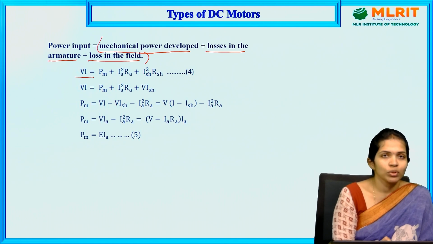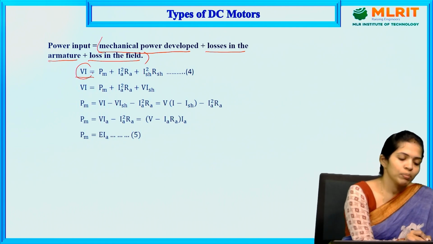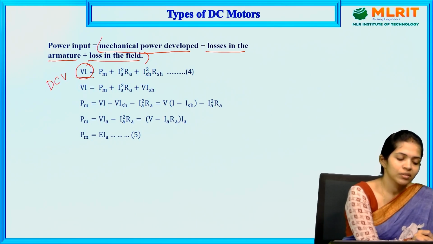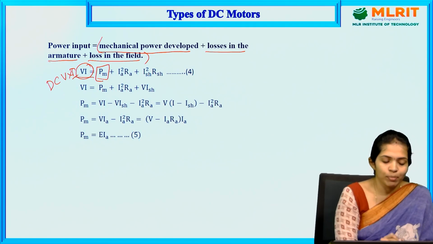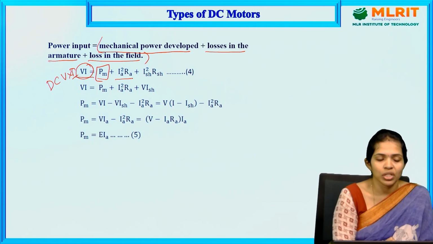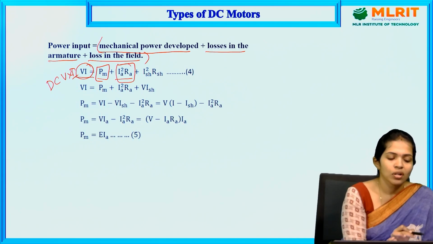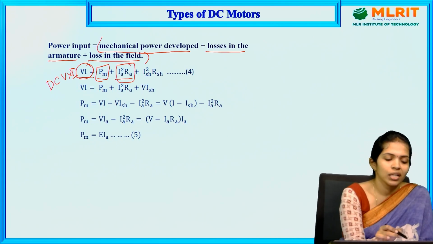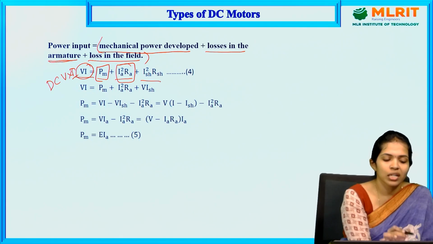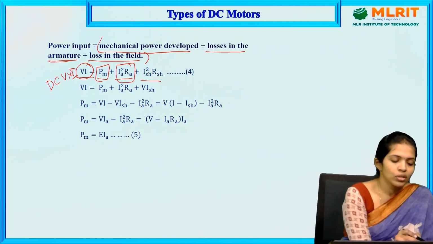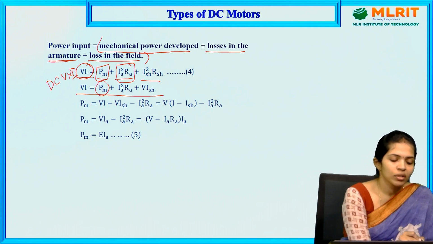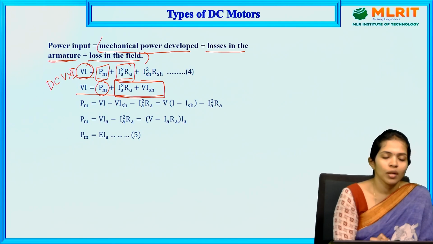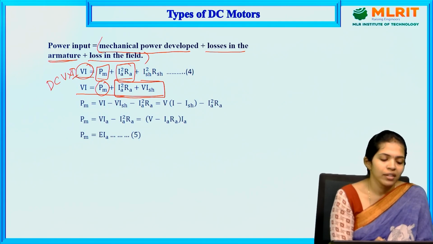When we equate input power with output power, we get the input power as the supplied DC voltage multiplied by the line current I, which equals the mechanical power developed in the rotating part of the machine, plus the loss in the armature and the loss in the shunt field winding. Altogether, electrical input equals mechanical output plus the losses in both armature and field.